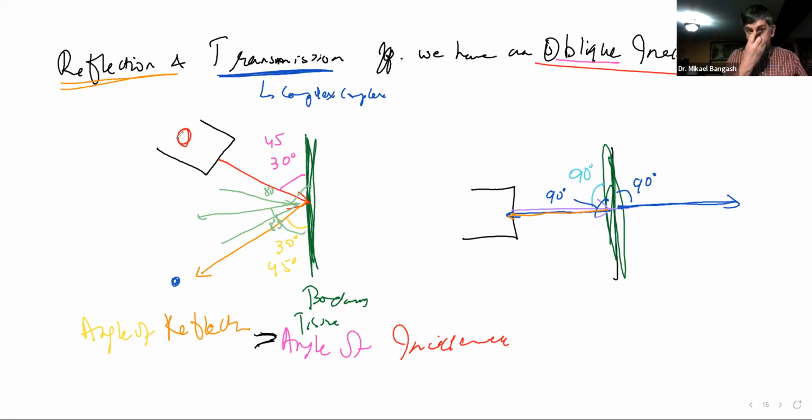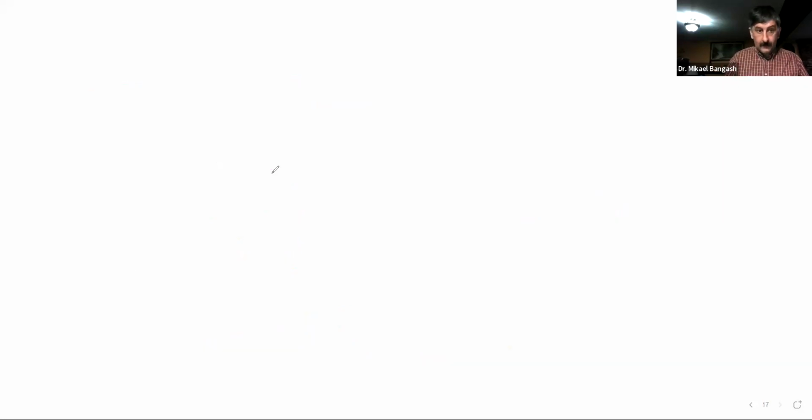But when our angle of incidence is oblique, let's do it this way. Now we have a tissue boundary. Let's say this here is your transducer.